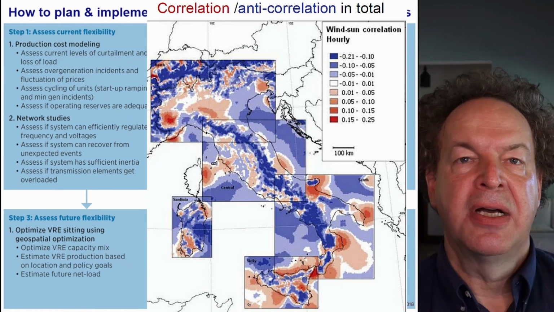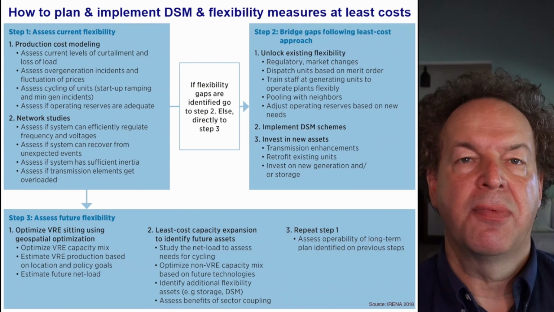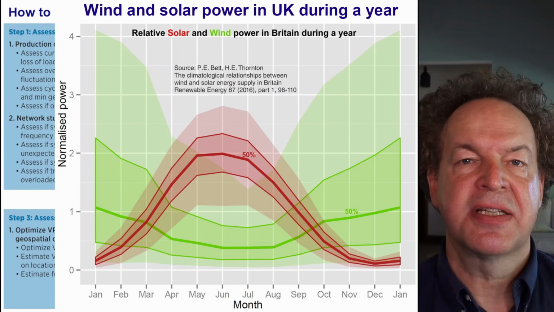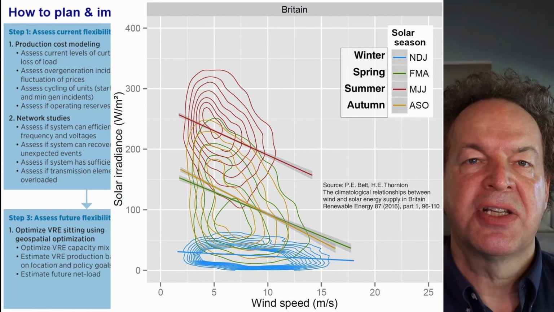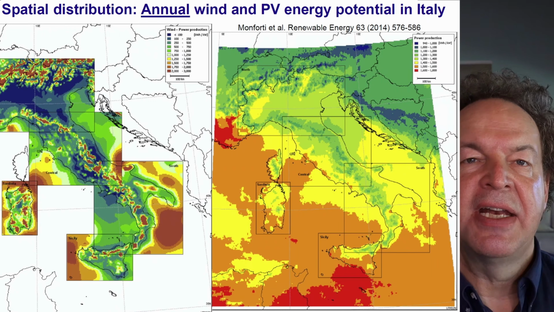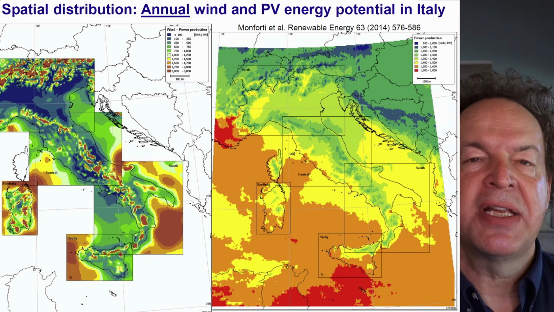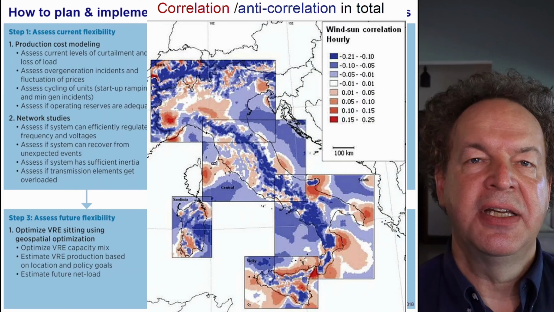Remember when, after the chapter with wind and solar, we first discussed the different correlations and anti-correlation issues for the case of Great Britain. And then we discussed the geospatial differences for the correlation and anti-correlation of wind and solar.